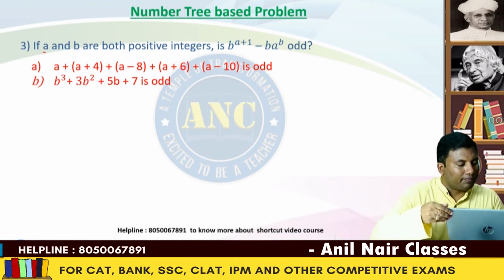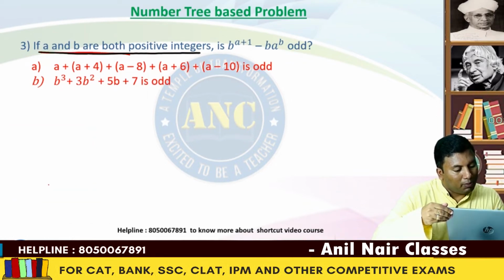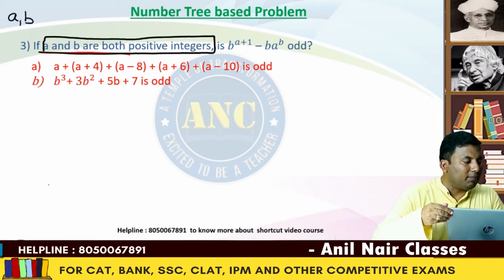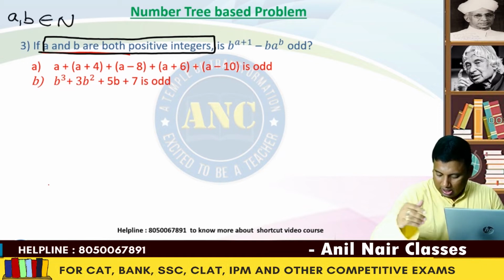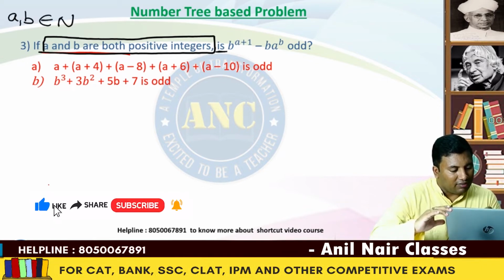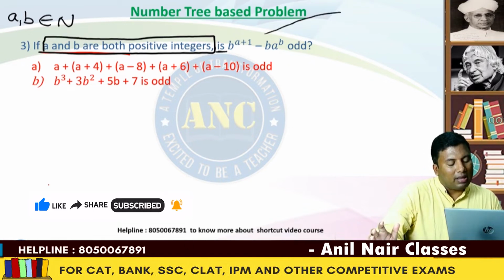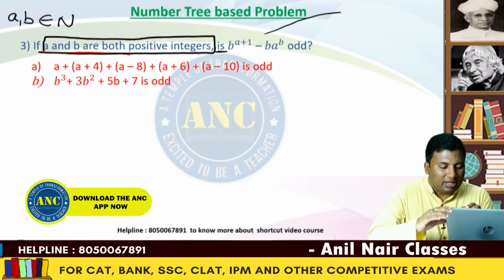Read the question. If A and B are both positive integers, he has clearly mentioned that A and B are natural numbers. The question is starting with "is".